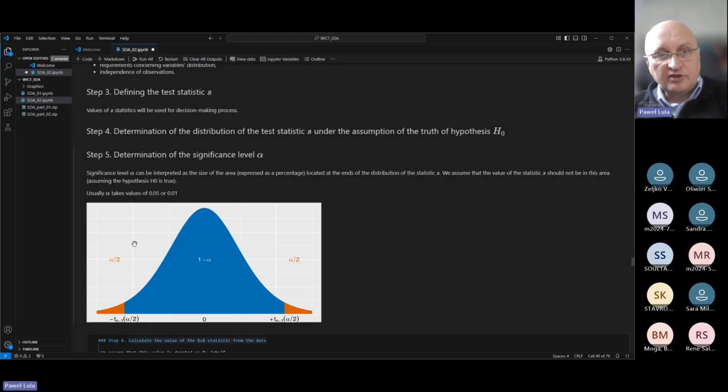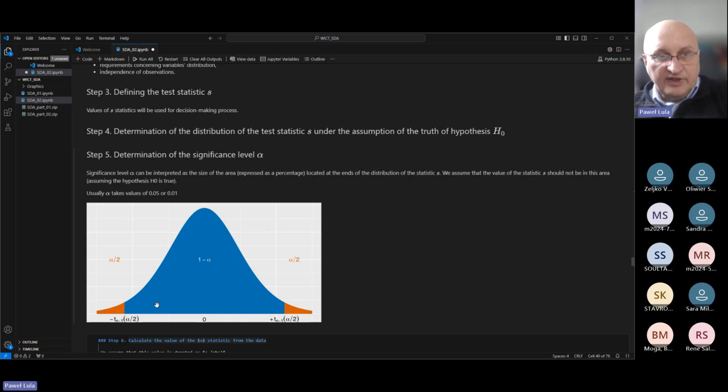If it is true what was stated as a zero hypothesis. We know this distribution. Then probably for our data set, a value which we can get using our data set will be in this blue region.